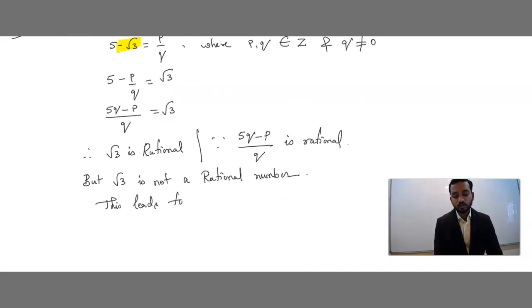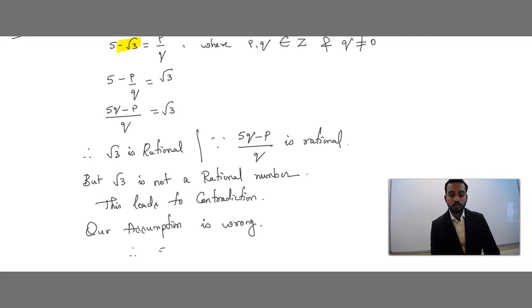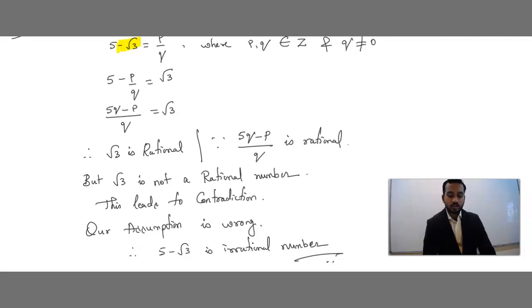This leads to a contradiction. Our assumption is wrong. Therefore 5 minus root 3 is irrational number. Okay, already I have shown you the steps. Again I have solved the same problem. Done. Now let's solve question number 4.